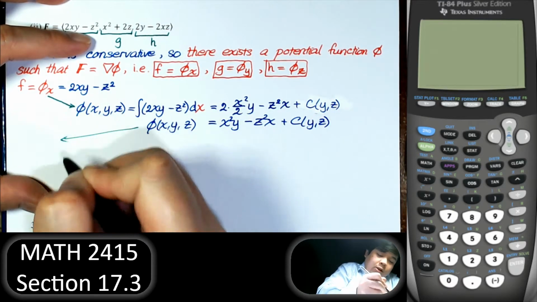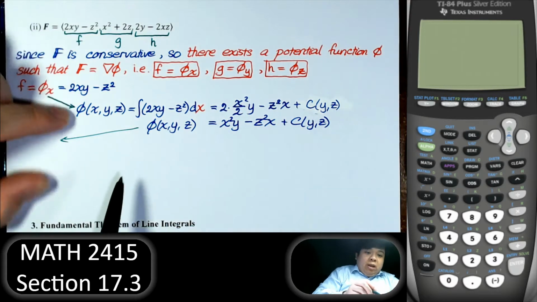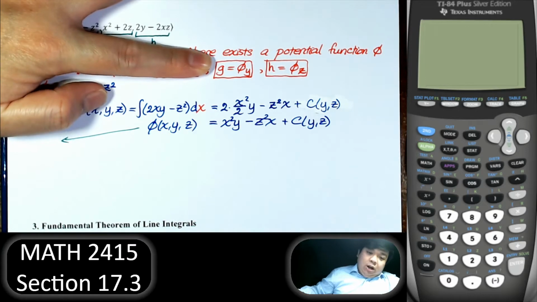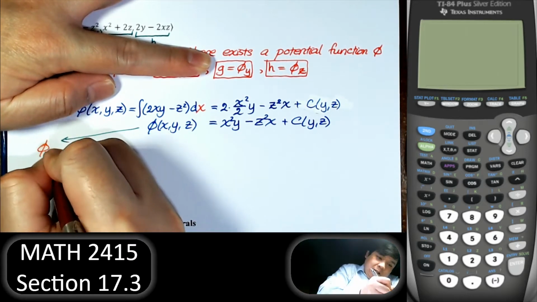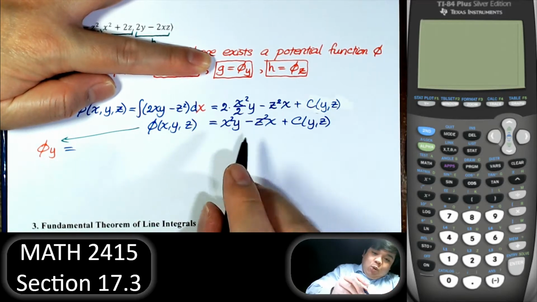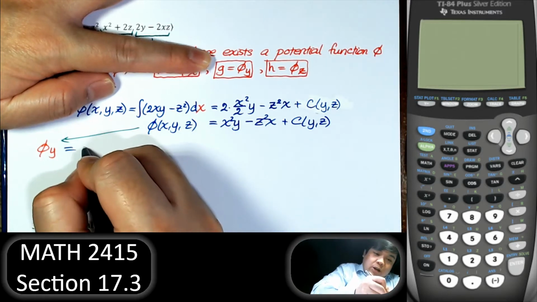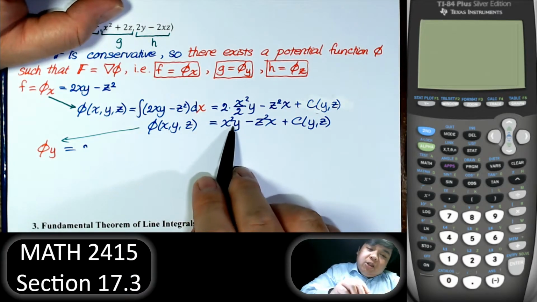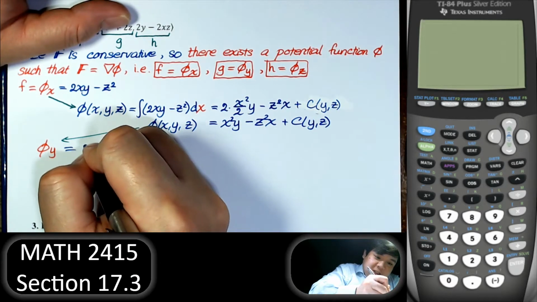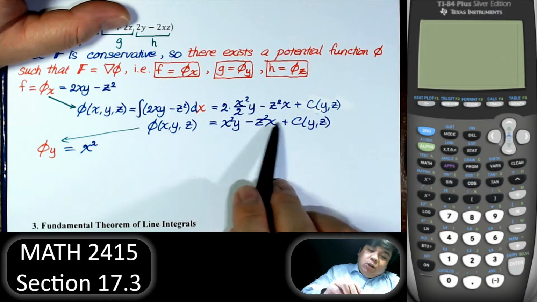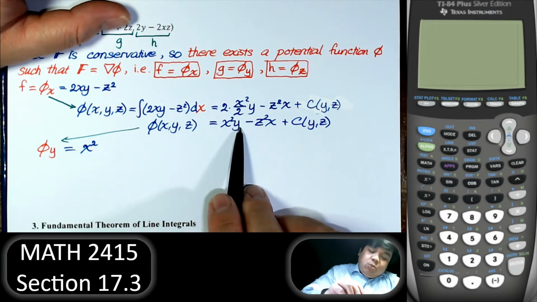Now earlier we integrated, now we differentiate. So we take the first one. Next we're going to take the derivative with respect to y. The derivative of this with respect to y is just x squared.